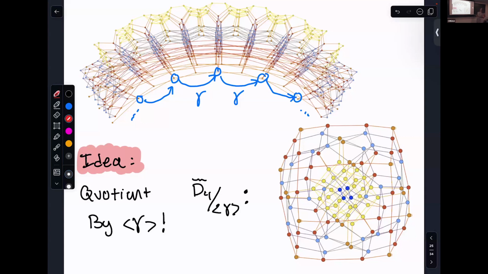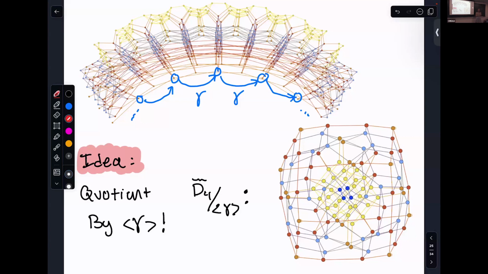So a natural idea, if we want to try to understand this: it really looks like there's some repeating piece of this graph, that each time I do gamma, I just move over to a new complete chunk of the graph. And so the idea is, let's try to quotient the graph by this mutation sequence. What this means is to identify two clusters if they can be obtained from each other by an application of this shift.